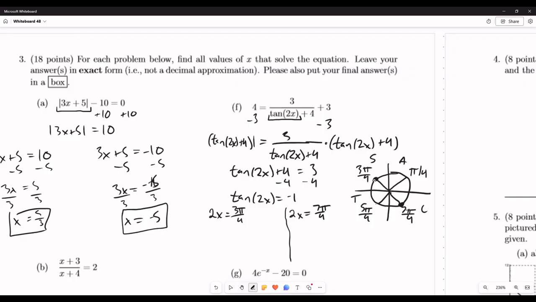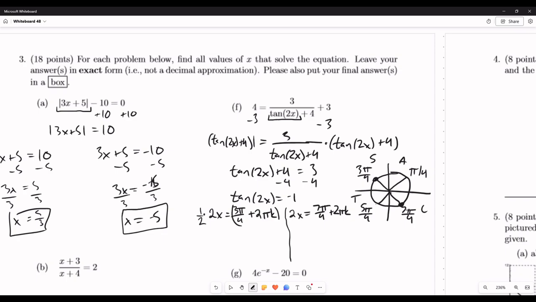Now, technically, I did something a little extra here, which you can get away with, and I'll make a comment on that later. So I have this, but for both of those, I could go around the unit circle more times. So to represent that, I need to add a plus 2 pi k. And now that I have this, I need to finish solving for x. X is being multiplied by 2.